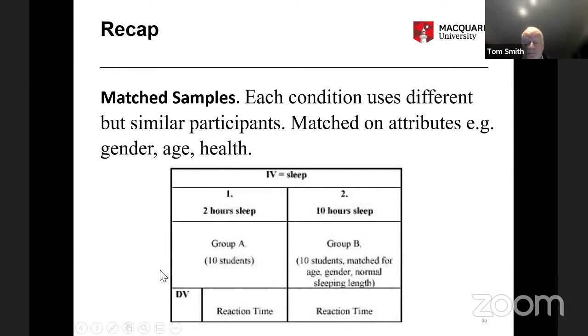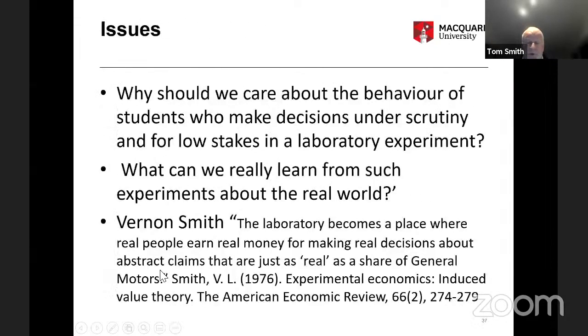But Vernon Smith has a really good argument for that. He says that the laboratory becomes a place where real people earn real money for making real decisions about abstract claims that are just as real as a share of General Motors. So Vernon Smith argues that you do have real people.